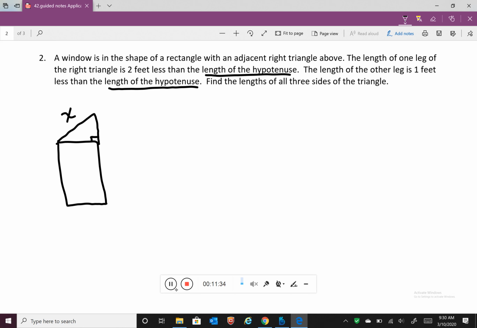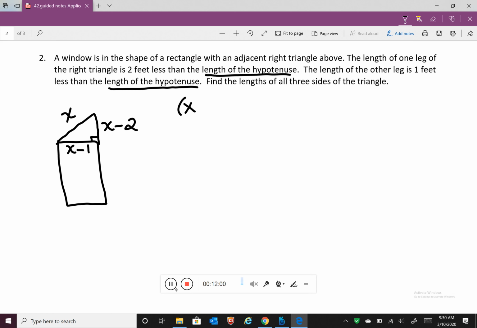Going back, the length of one leg is 2 feet less than the length of the hypotenuse, so that means it is x - 2. And the length of the other leg is 1 foot less than the length of the hypotenuse, so that is x - 1.